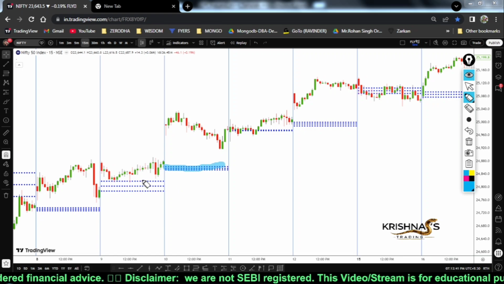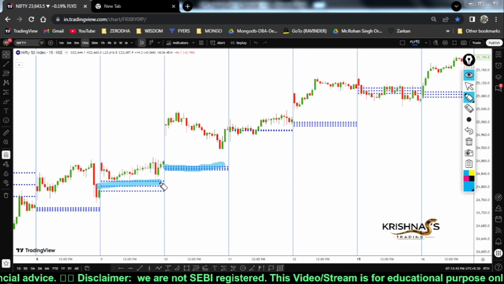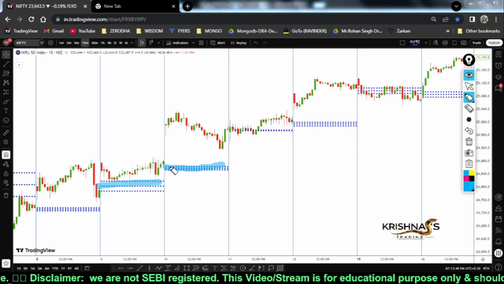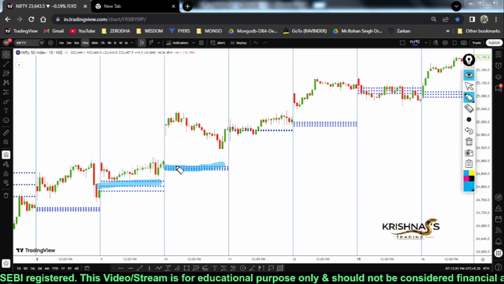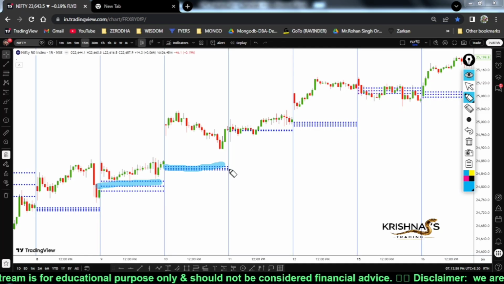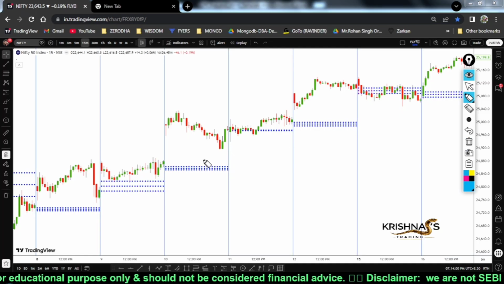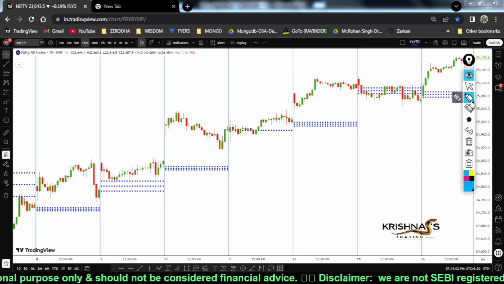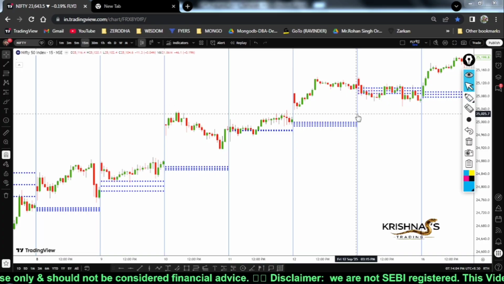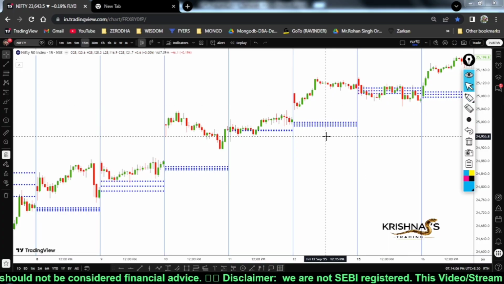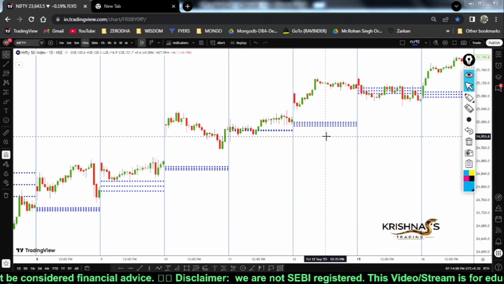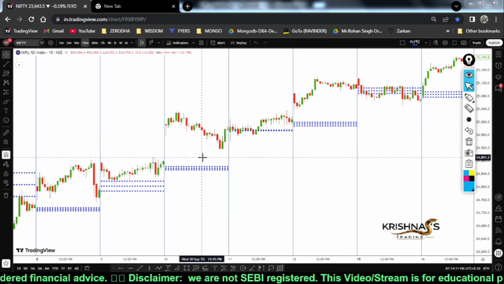For example, this is today's CPR, this is yesterday's CPR. The CPR levels are higher than the previous day CPR levels, and also the price or candles sustained above the CPR, then we call it an ascending CPR. On an ascending CPR day, we can expect the market to be in a bullish mode.